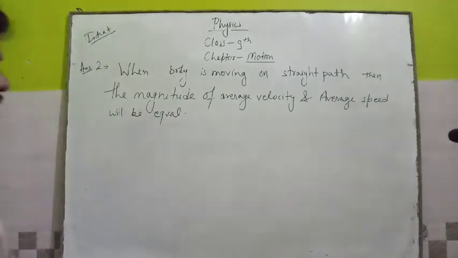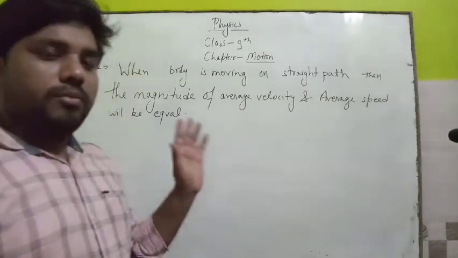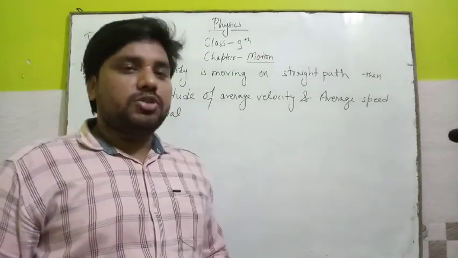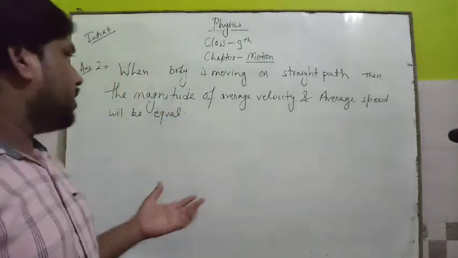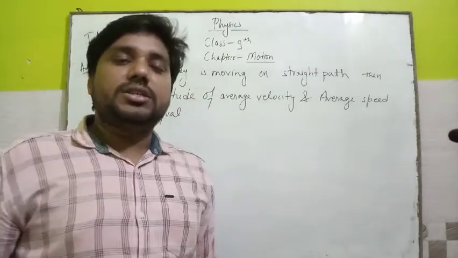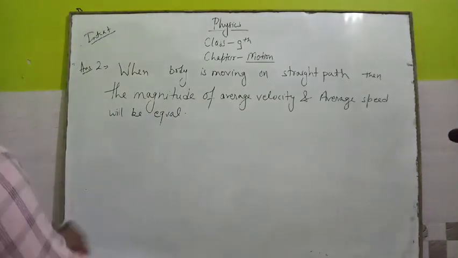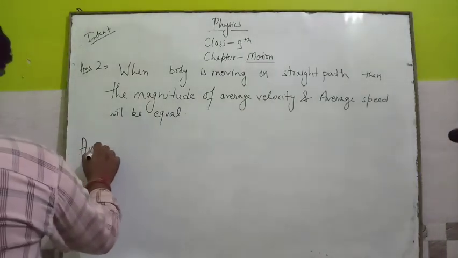Means to understand, when a body is performing straight line motion or moving on a straight path, then in that condition the magnitude of average velocity and average speed is equal. Clear?